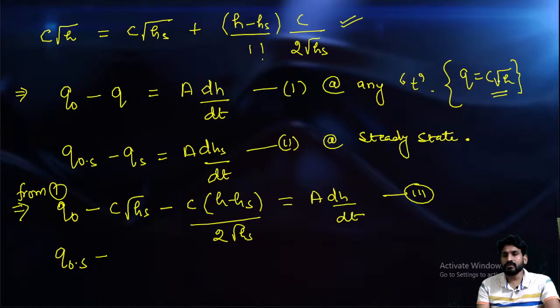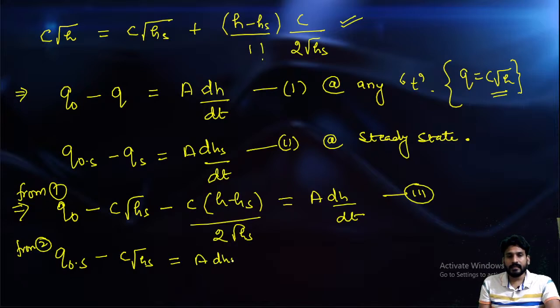If Q is equal to c square root of H, then QS is c square root of HS. So from 2, it is Q naught minus c square root of HS, equal to A dHS divided by dt. This is my equation number 4, let's say.